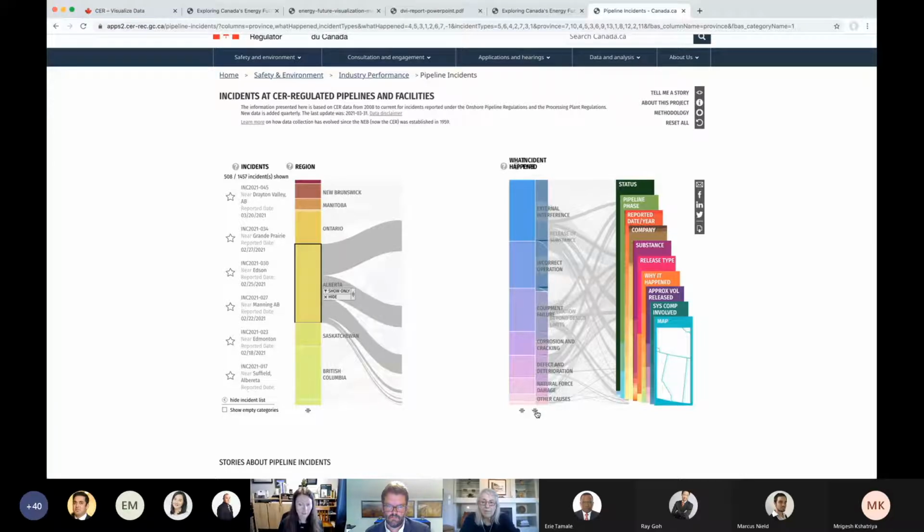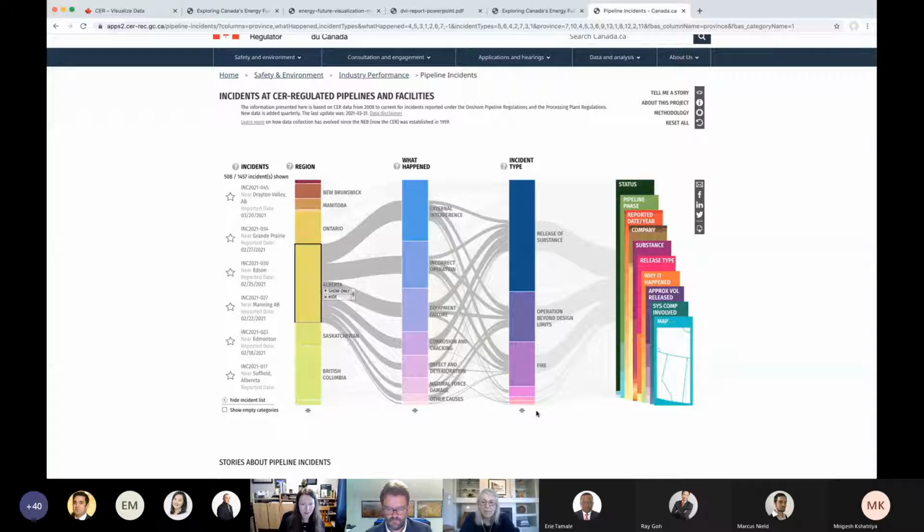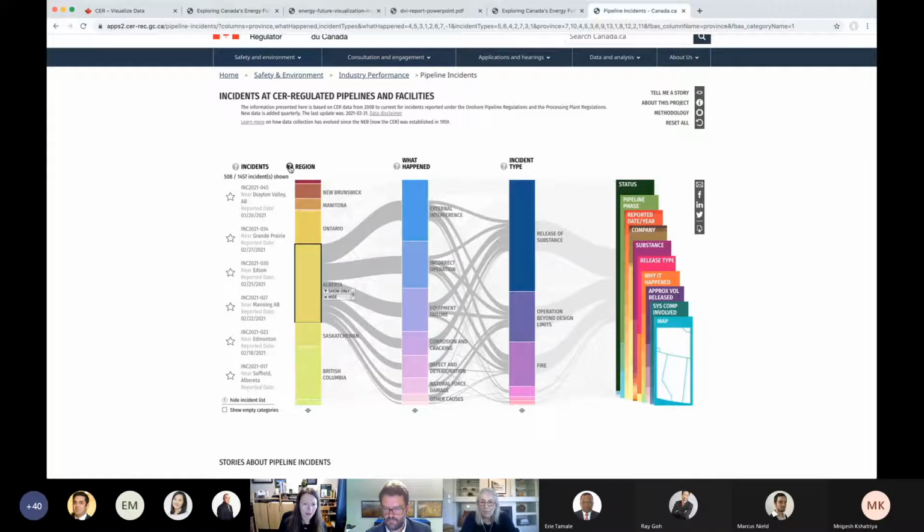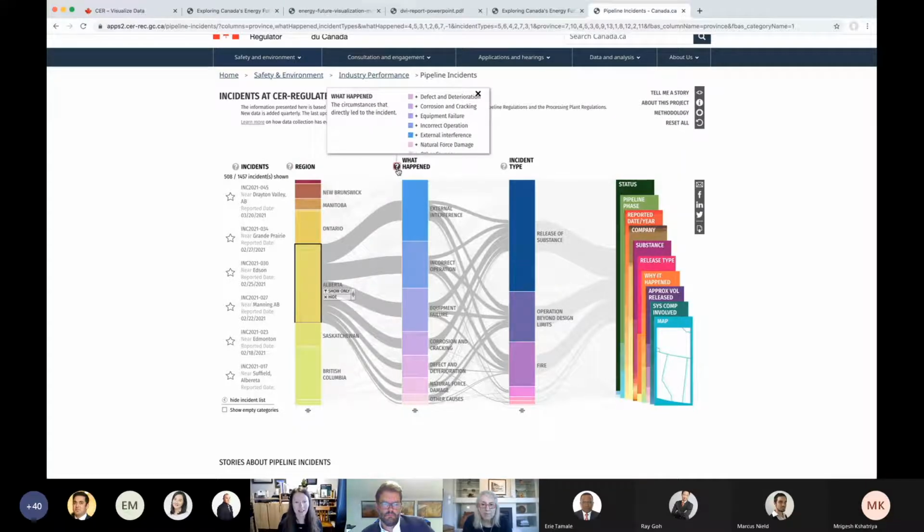I might not bring up the map right now just because my computer is being very slow, but I wanted to point out a couple of other things that might interest you specifically. It's less about the data, but the features we included in the visualization. First of all, as much help as possible, right? Trying to explain to people what it is that they are looking at in context.